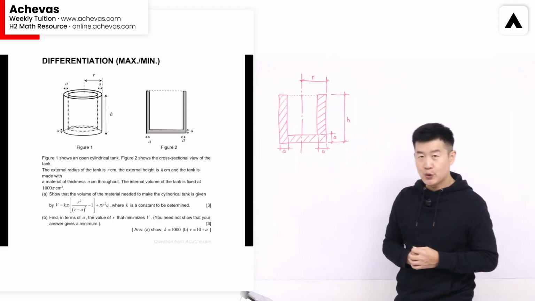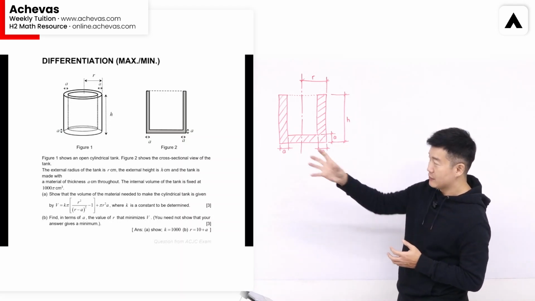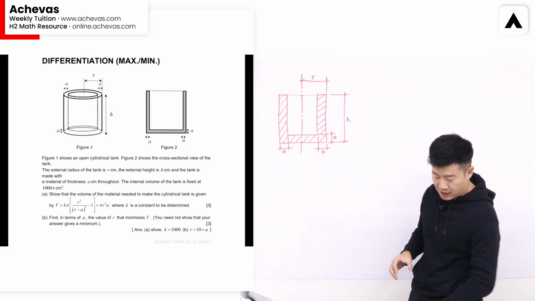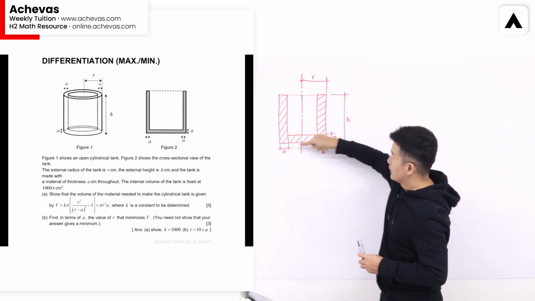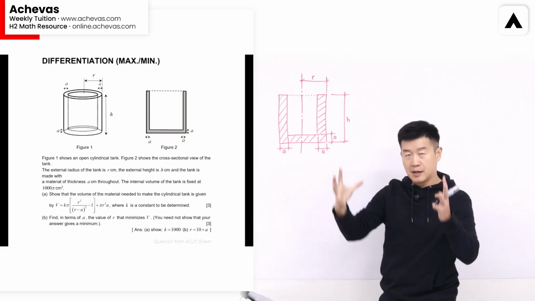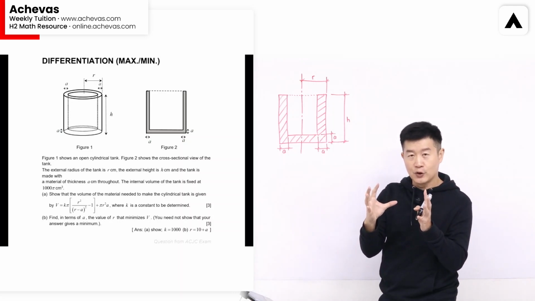And we're supposed to show that the material that is used to make the cylindrical tank is given to us as that expression. So to show that, we are going to make use of the volume of the big cylinder minus away the internal volume.